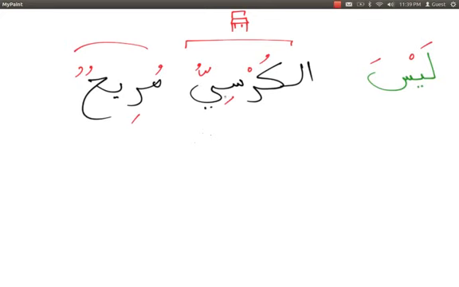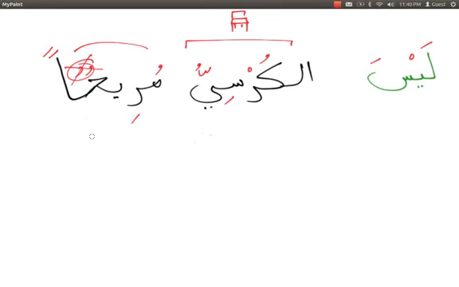Laysa al-kursiyu, and then I have to change this to fatha, but then here I would need to add the alif that usually tanween al-fath sits on.